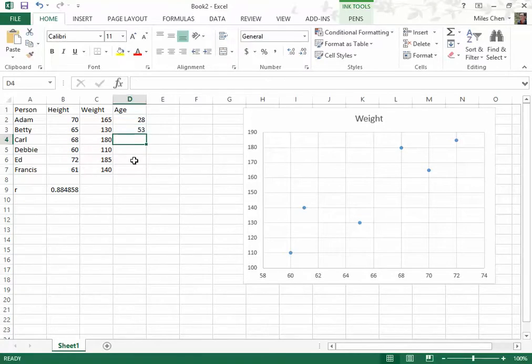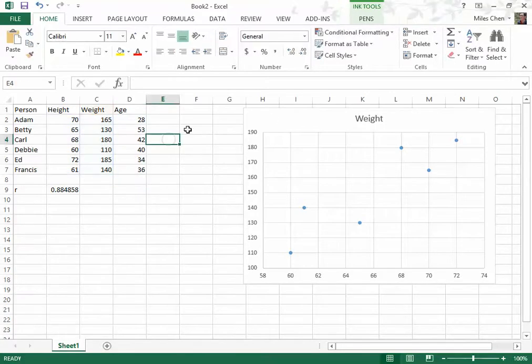And let's say Carl is, I don't know, 42. And Debbie is 40. And Ed is 34. And Francis is 36. Okay? It doesn't matter. I'm just plugging these in.